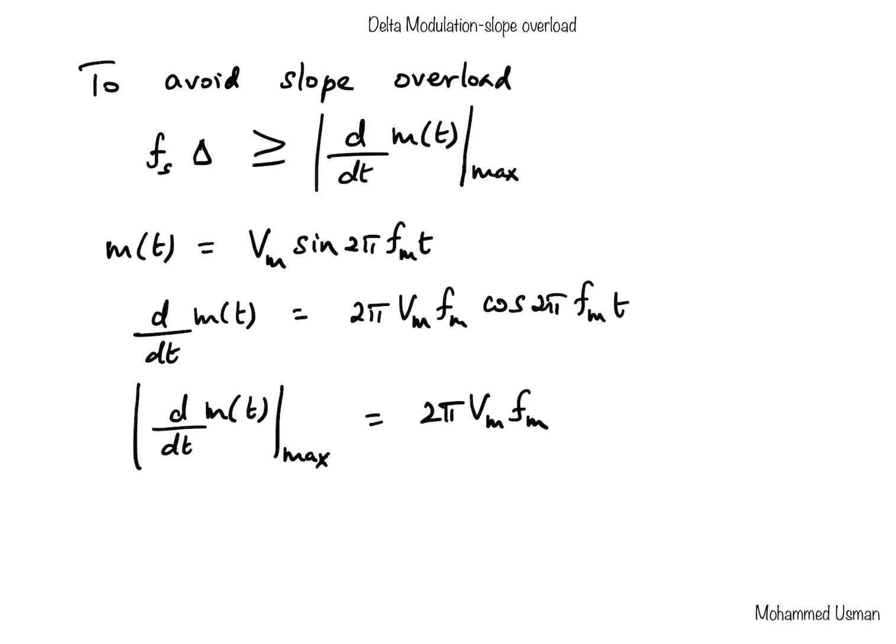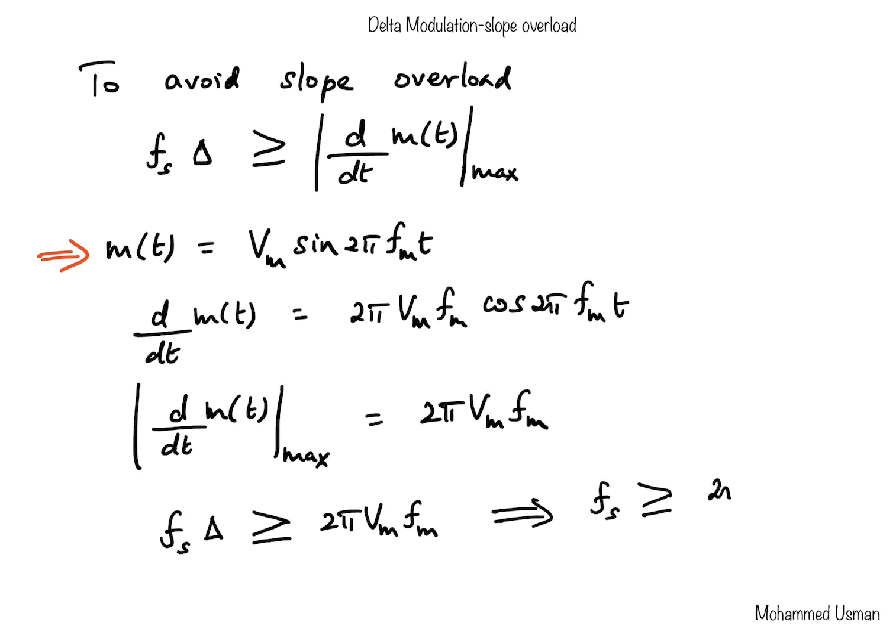Okay, so in order to avoid slope overload for this particular example input signal, which is a very simplistic signal, the value of fs into delta should be at least 2 pi Vm fm, or in other words, the sampling rate fs should be at least 2 pi Vm fm divided by delta.